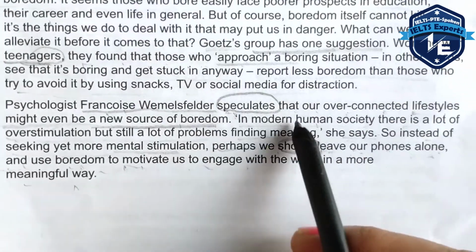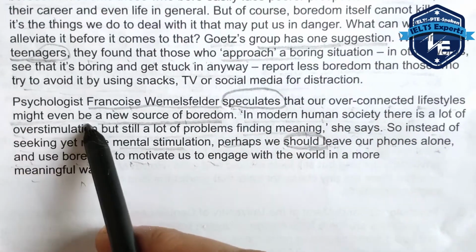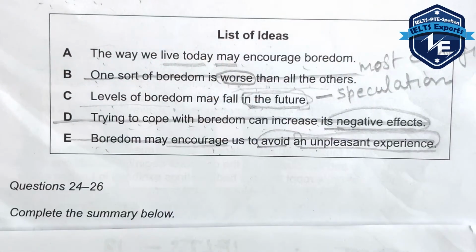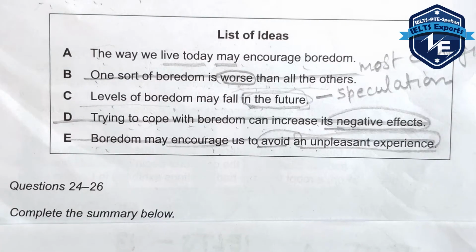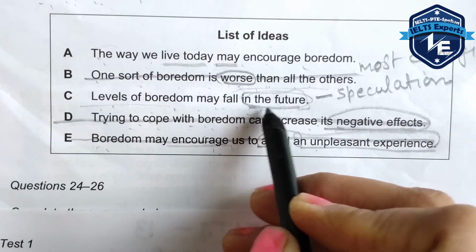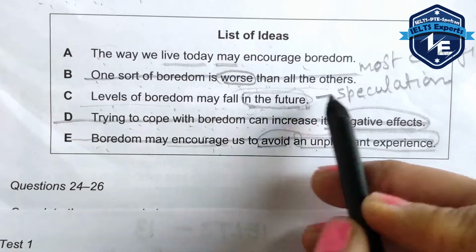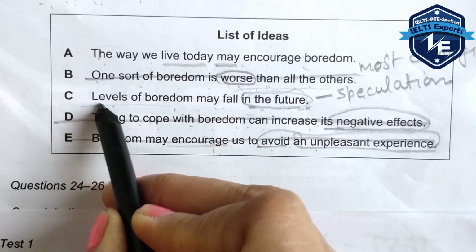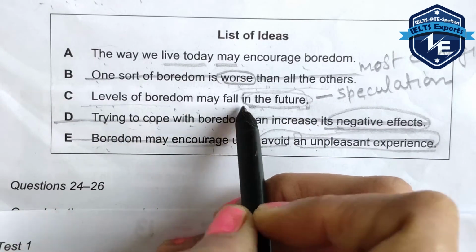Speculates that over-connected lifestyles might even be a new source of boredom. It doesn't mean we have got the word in the future speculation, but we have to match the full line. Levels of boredom may fall in future.